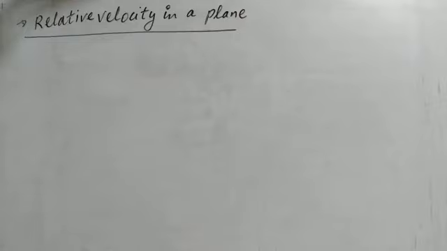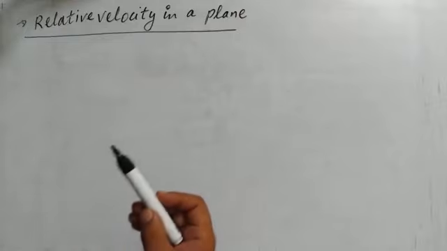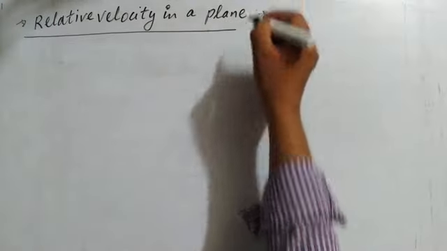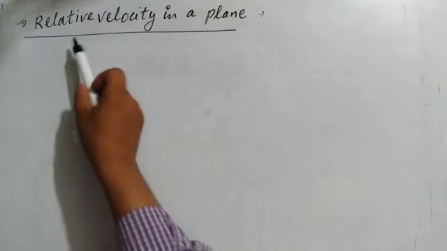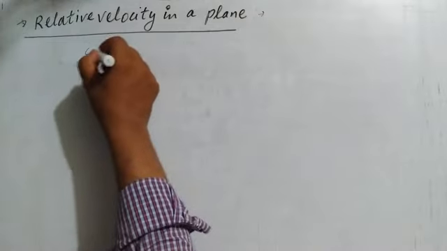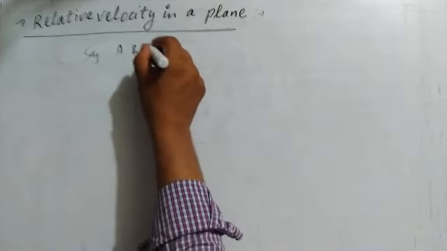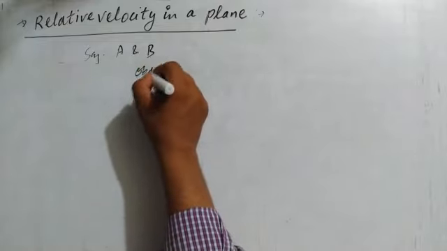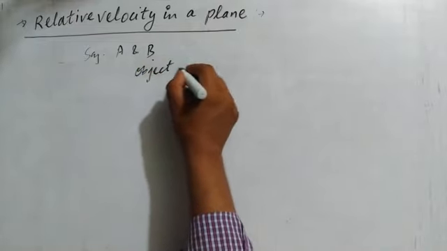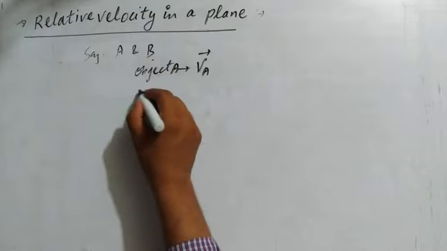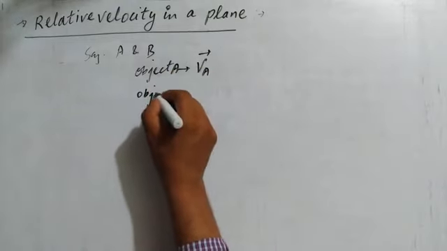Today we are going to start a new topic, that is relative velocity in a plane. Now we have already studied the concept of relative velocity when two objects, say A and B, are moving with velocities VA and VB.